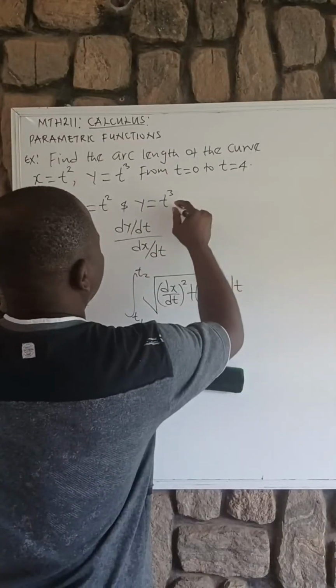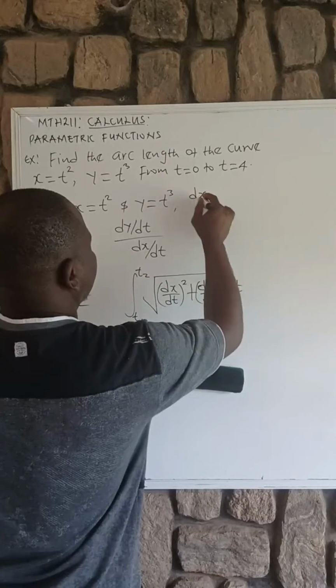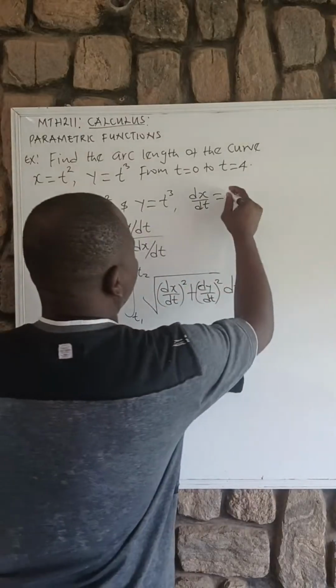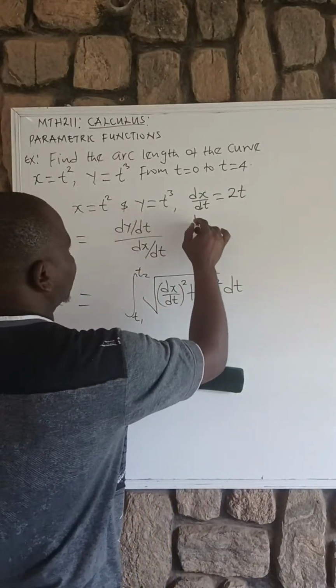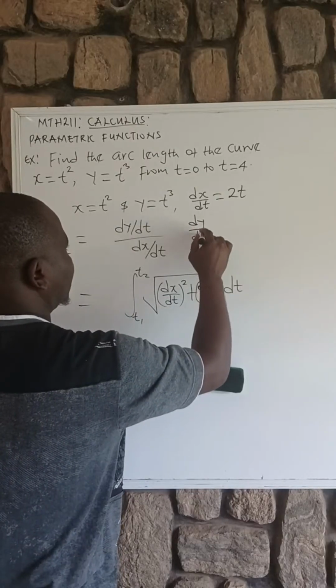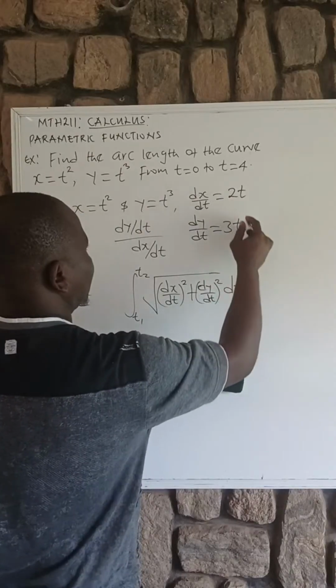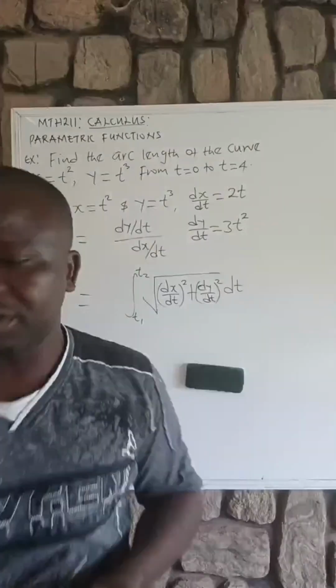If we differentiate x, that is dx over dt. If you differentiate t squared, we are going to have 2t. Then if you differentiate y, dy over dt, this is going to give us 3t raised to the power 2. True or false? Hope you are following.